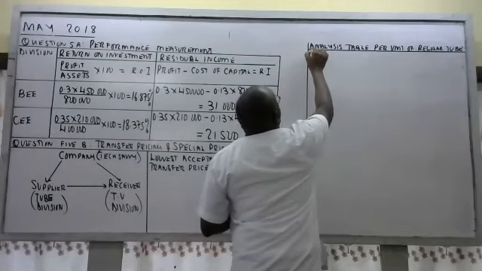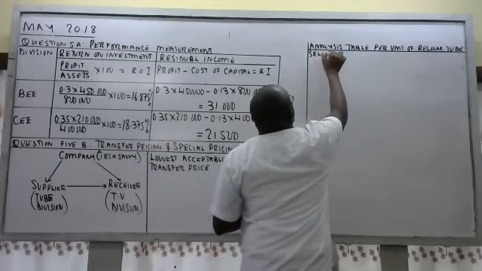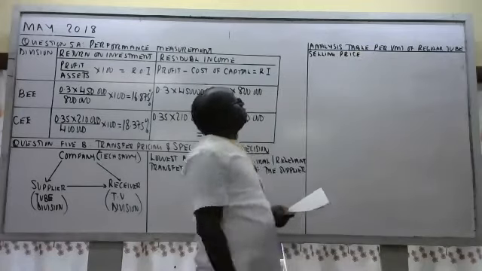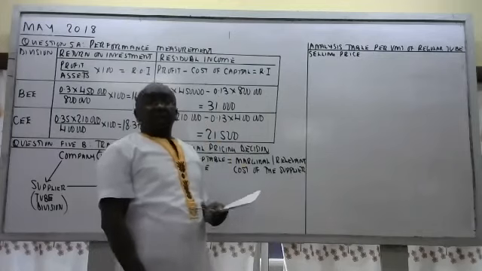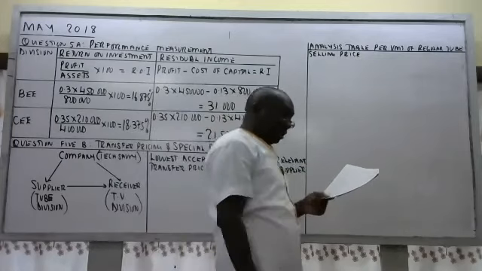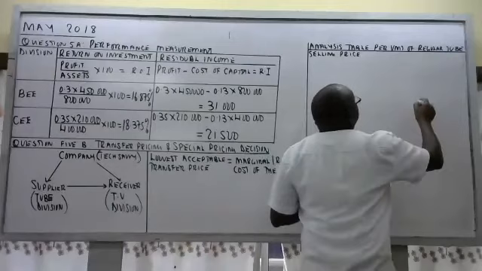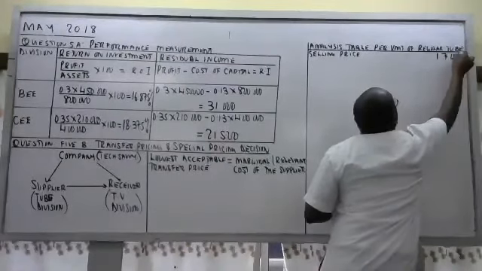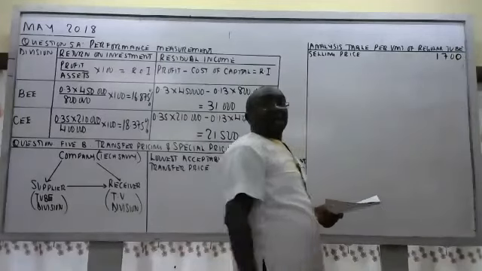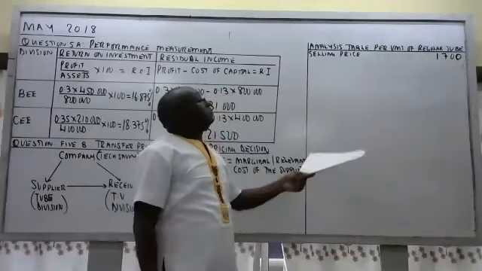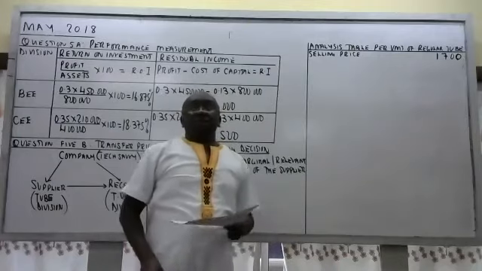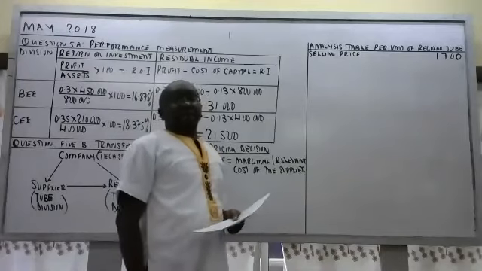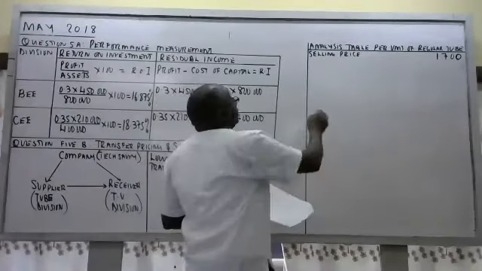The first thing is the selling price. As you can see, the selling price given per unit is 1,700. I'm leaving space here because there are some things that require some workings. The selling price is that.